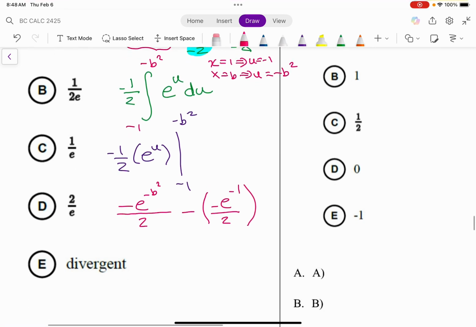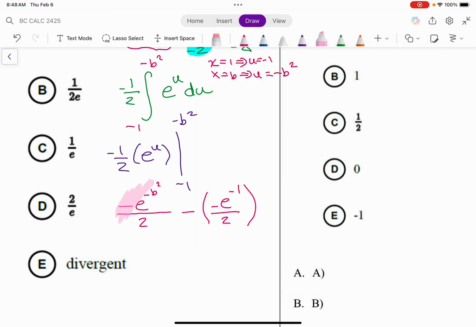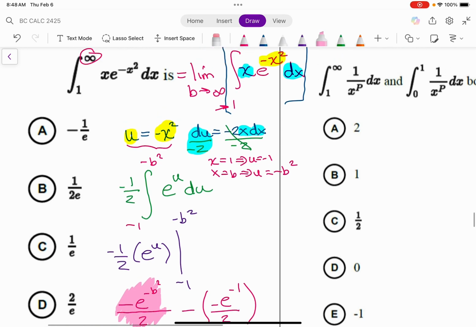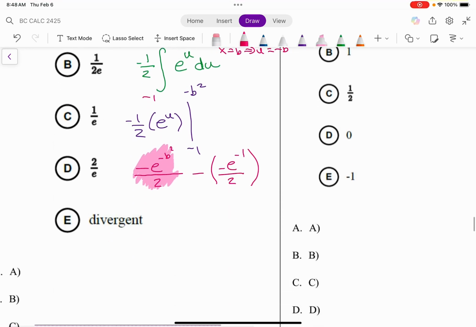So then the question is, our attention now is all on what happens to this expression, the one involving b, as b goes off to infinity. Well, let's rewrite this to make it a little easier to understand.